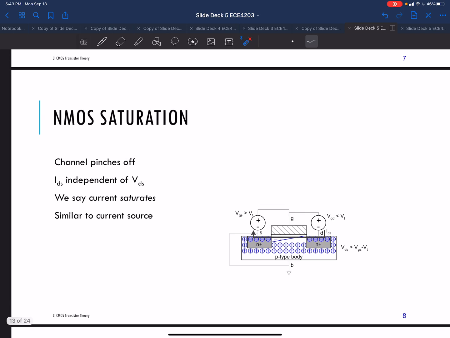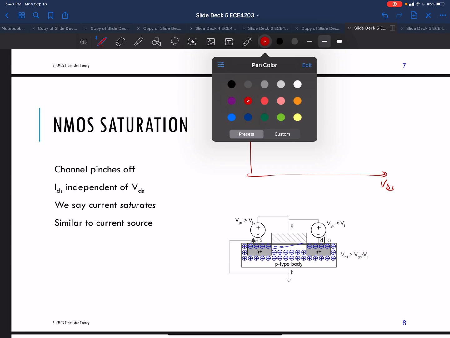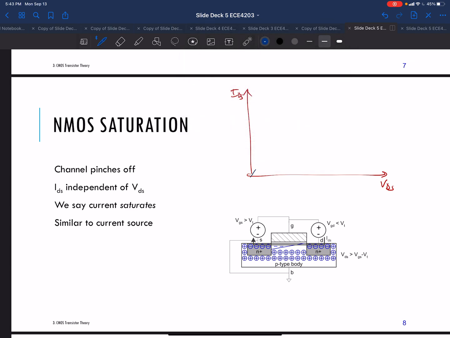Now at some point the drain voltage gets high enough. VGS stays the same, and you're looking at the curve of VDS versus IDS at a given VGS.